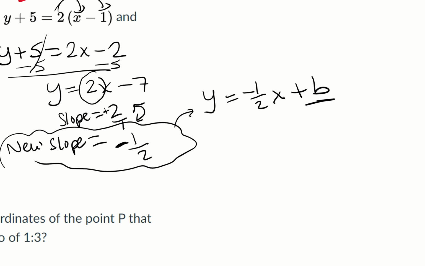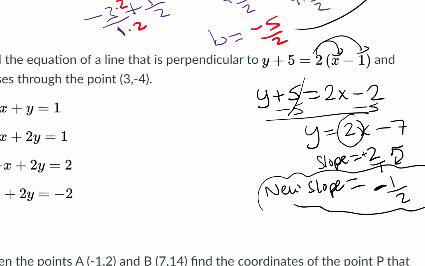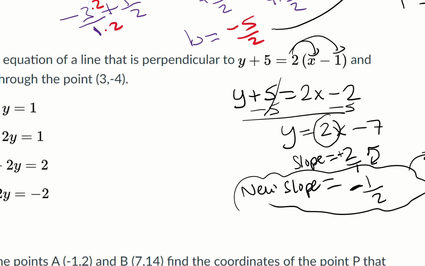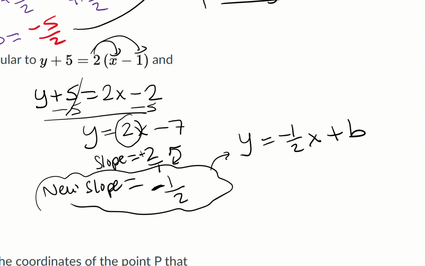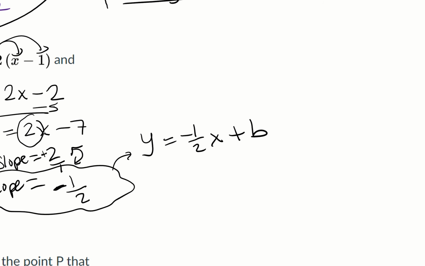So we have to figure out b by plugging in the coordinates that they have here. So this is x. This is y. So let's plug that in here. x is 3. Here, I'll plug it into the next step. x is 3.